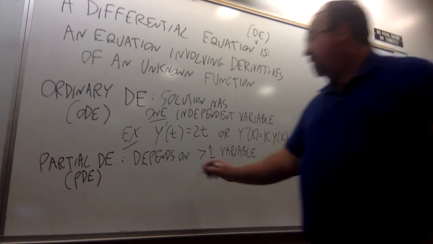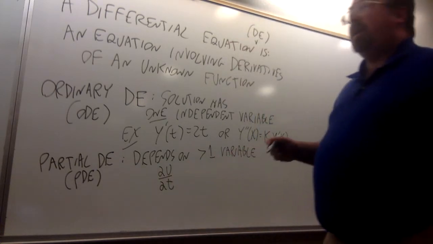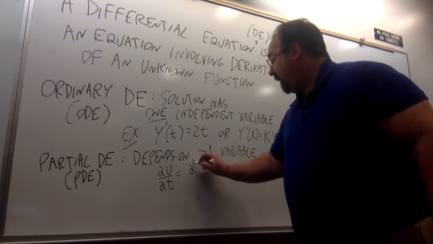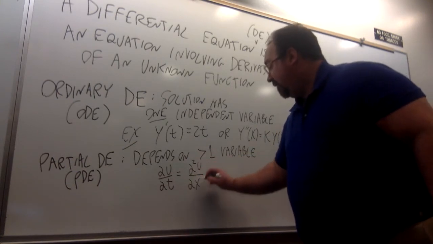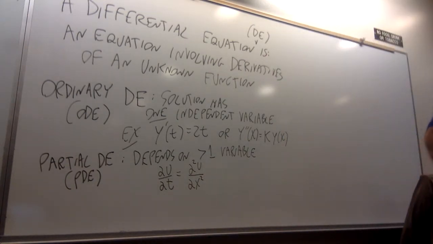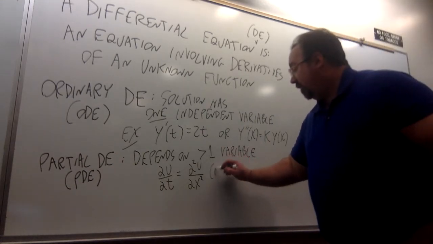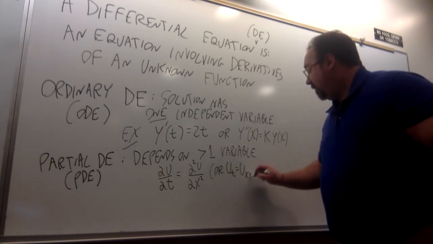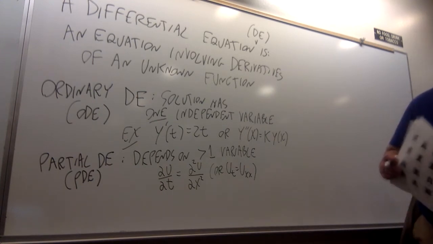So an example of that would be the partial derivative of u with respect to time, with respect to t, is equal to the second partial derivative of u with respect to x. So u is a function of x and t both. It's a function defined on space-time. Another way of writing it would be u_t equals u_xx.